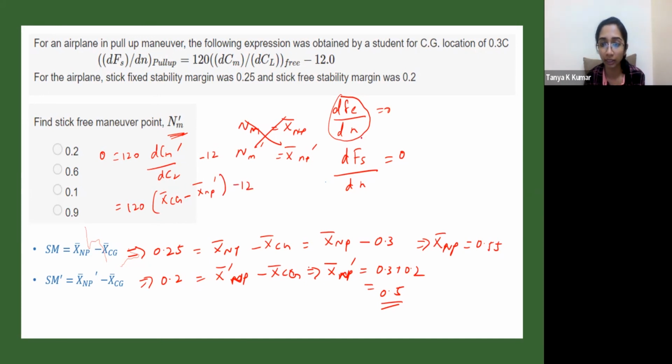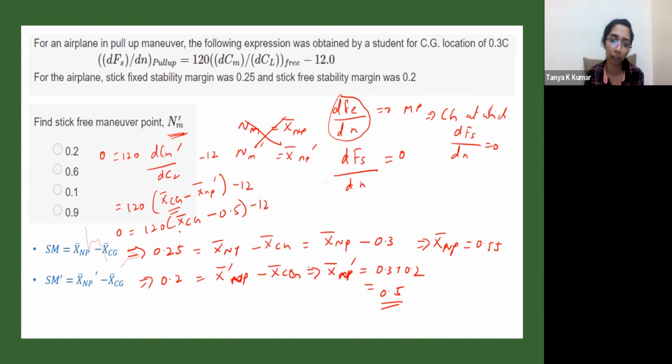Now, what is the maneuver point? The maneuver point is the CG location at which dfs by dn is equal to 0. So we need to find this CG location. So 0 equal to 120 into x bar CG minus x bar np, which is 0.5, minus 12.